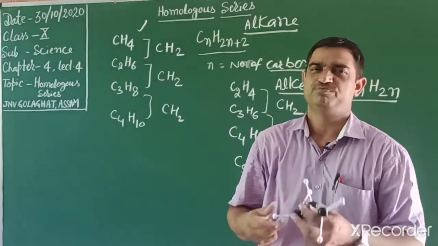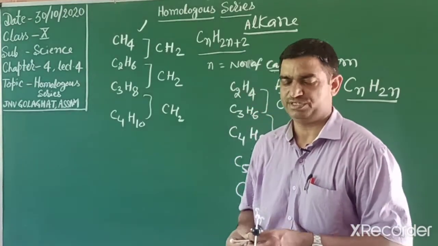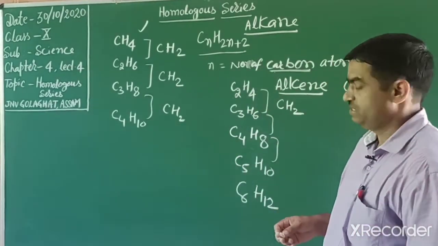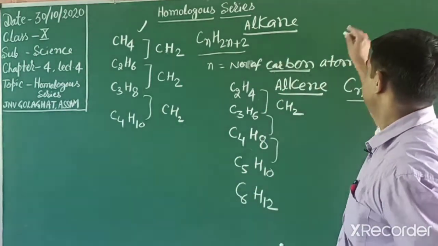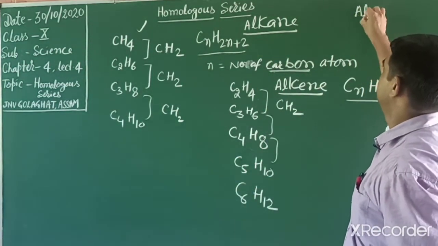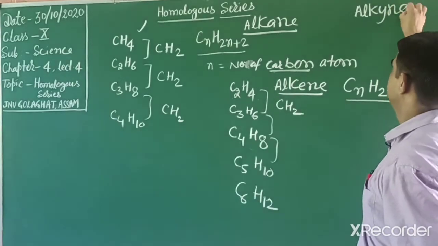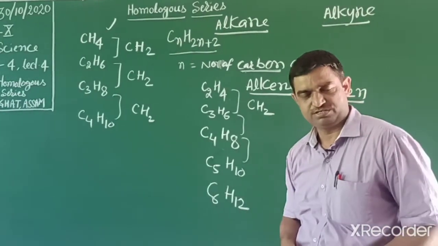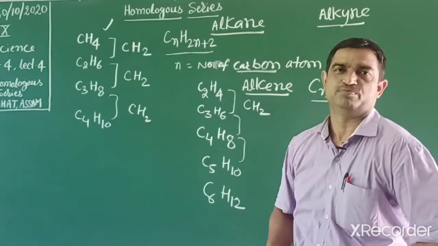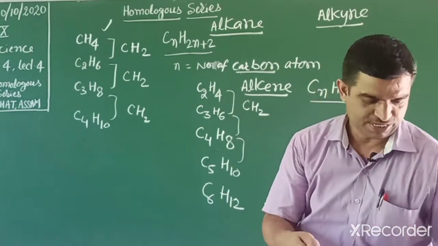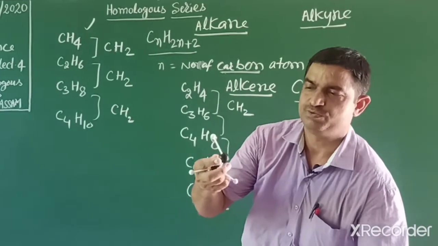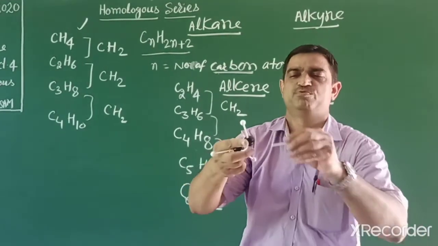Students, we can make one more unsaturated hydrocarbon, that is alkyne. What do we have to do to make an alkyne? Alkyne means at least we have to make a triple bond between 2 carbon atoms. How can we make a triple bond?